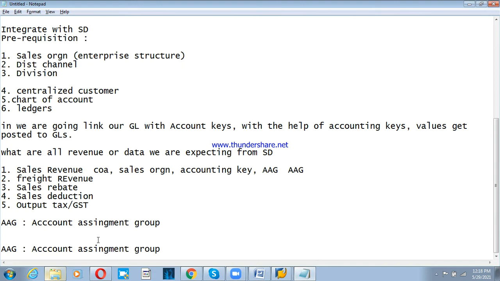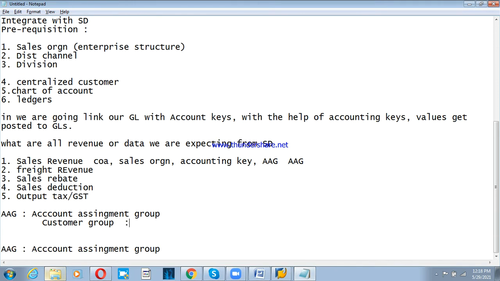The first AAG is related to the customer. This is the account group for customer, also called the customer group. What is the use of the customer group? We are selling the product to which customer, a domestic customer or a foreign customer, right?